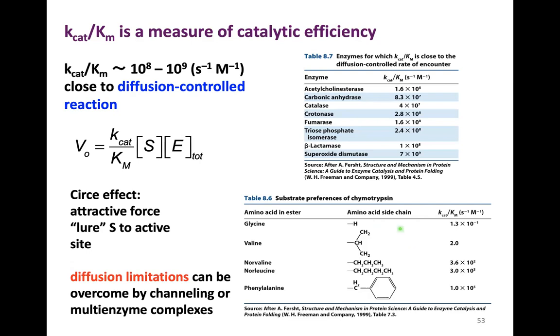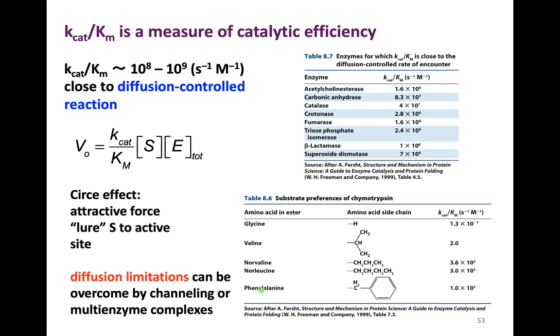So let's look at the catalytic efficiency of glycine, the dinkiest guy. Remember, this is just hydrogen as a side chain. That has a catalytic efficiency, kcat over Km, of 1.3 times 10 to the minus 1. So this is a pretty poor substrate. That is not a surprise.